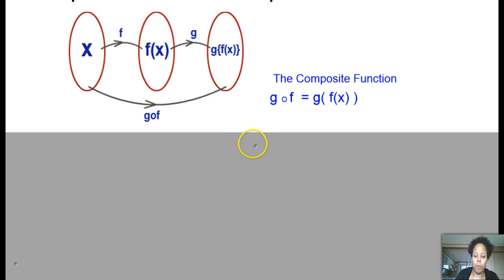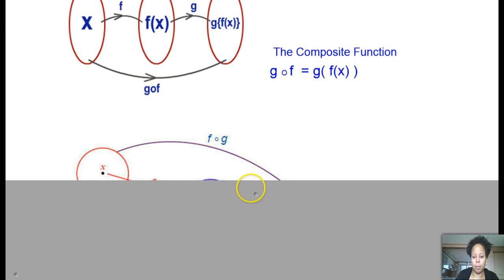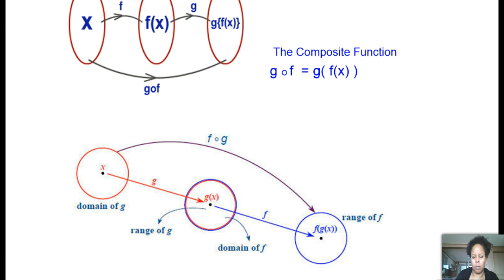Let's take a look if we do it the other way around. So let's say here we have two functions, f and g, and we start with the domain of g, and we take an x value from the domain of g, and we put it into g, and the resulting output is a member of the range of g, and we call those output values g of x.